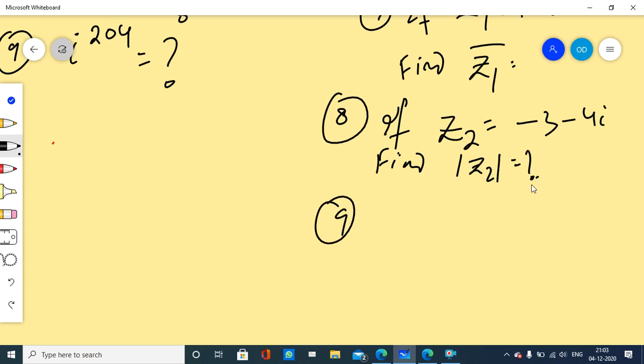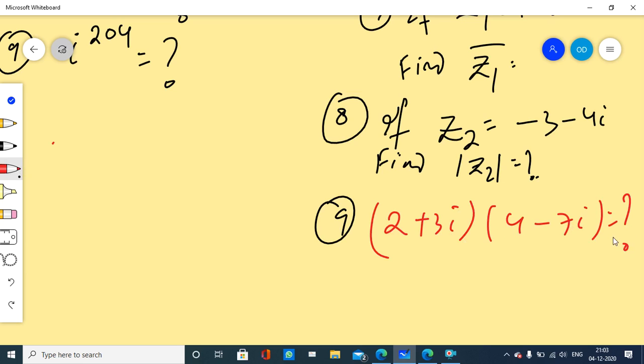So you will find this. Then you will find 2 plus 3i into 4 minus 7i. Then you will find 1 minus 3i divided by 4 plus 7i.